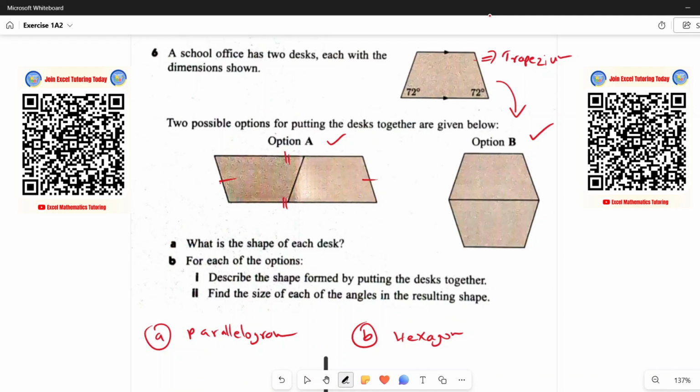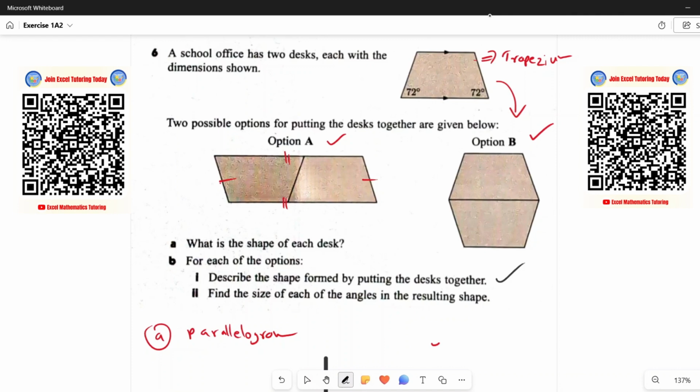And coming to the next part of the question, that is B. Here we need to describe the shape formed by putting the desks together. We found the answer to this, and we need to find the size of each angle in the resulting shape.